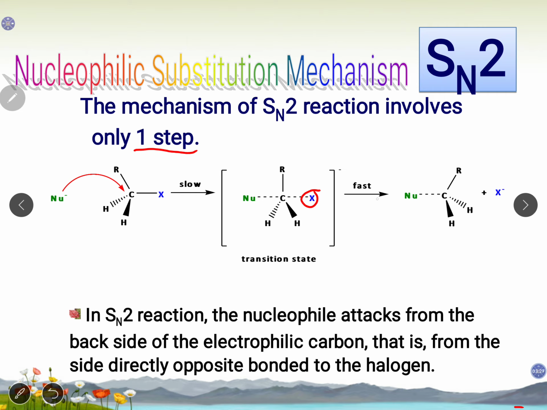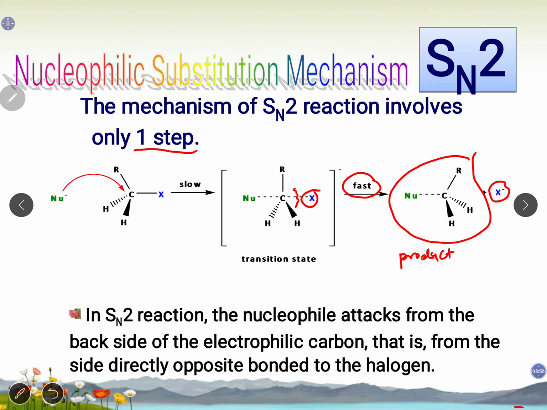After X leaves the compound, the new product will be formed. The new product here depends on what type of nucleophile is used in the reaction. And because we want to break the bond between C and X, the rate of reaction is fast. The byproduct will be the anion, which is X minus.